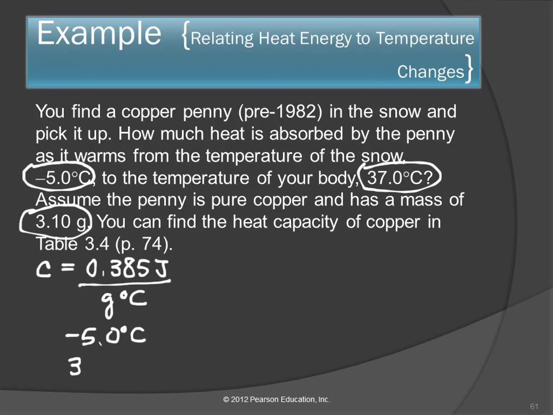We've got 37.0 degrees Celsius. And we've got 3.10 grams. Now, it's asking for heat being absorbed, and it's talking about temperatures and masses, and it mentions heat capacity. So we're probably going to need that heat capacity equation, right?